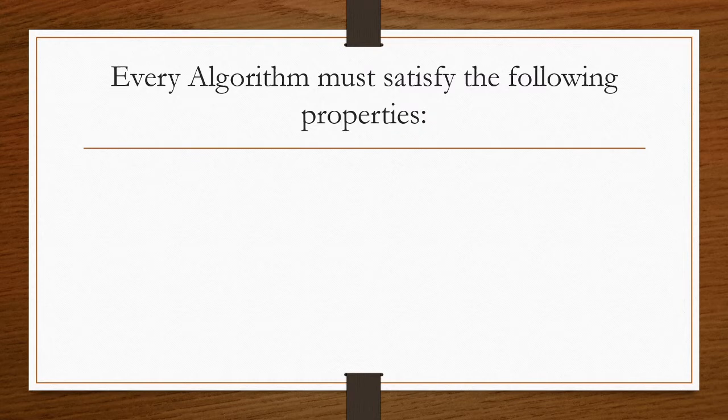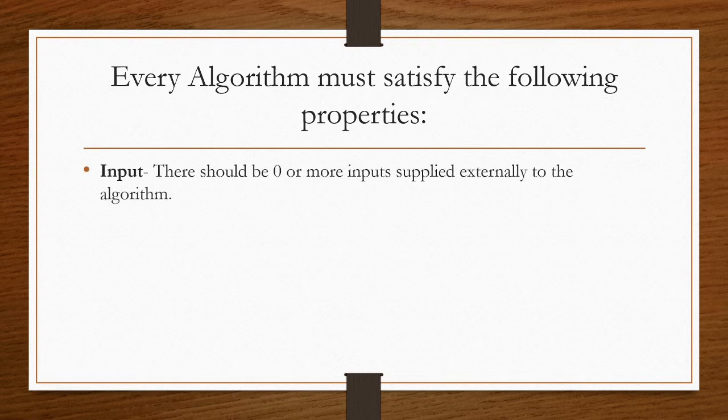Each and every algorithm must satisfy the following properties. First one, input. We already studied what input is. Input is anything we enter into the computer through our keyboard or mouse or any input device. Second one is output. There should be at least one output.